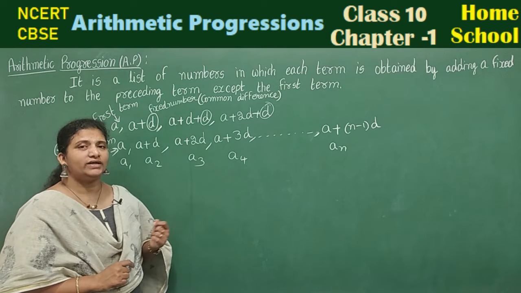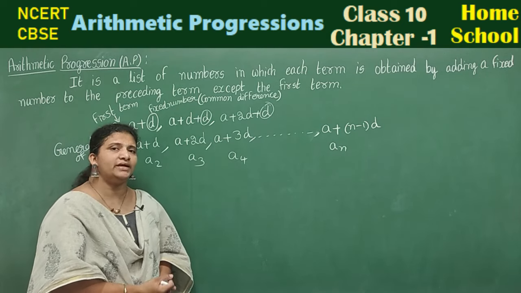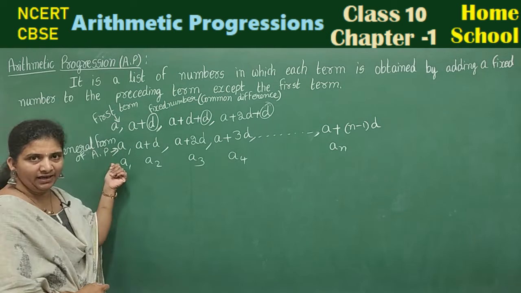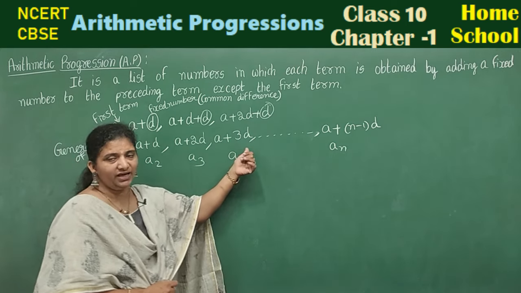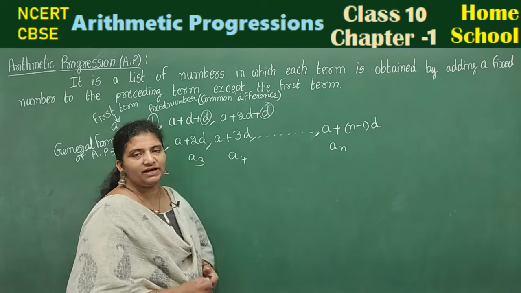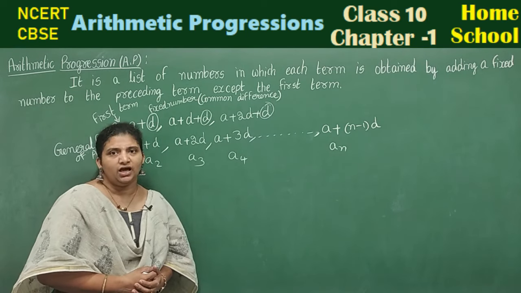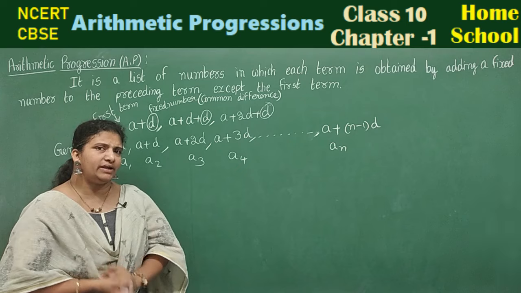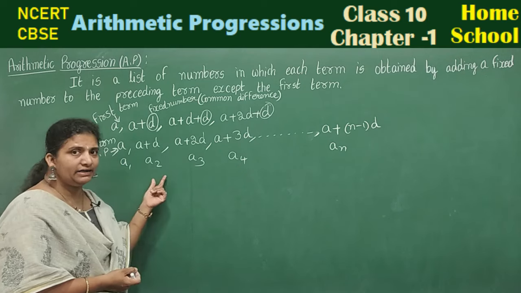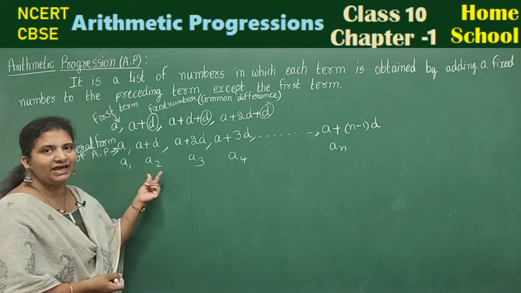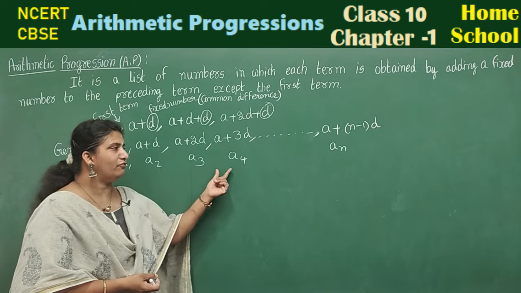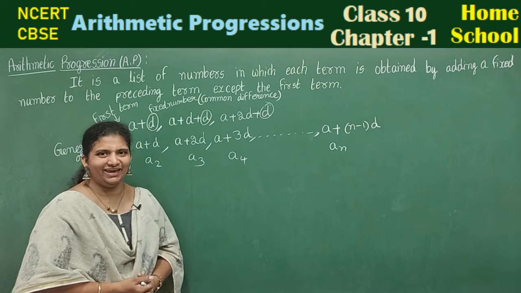Okay, and what is the general form of arithmetic progression? A plus d, A plus 2d, A plus 3d, so on up to A plus n minus 1 into d. How do we see the term numbering? First term, second term, third term, fourth term. That means A1, A2, A3, A4, so on up to An.